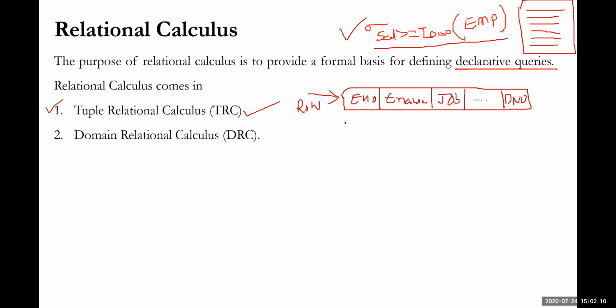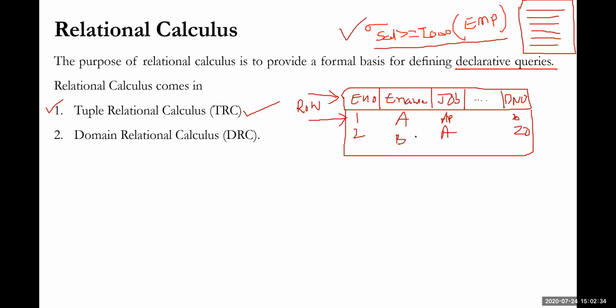You have several rows under this tuple. Employee number 1, A, the job type is assistant professor, and department number is 20. Employee 2, B, assistant professor, department number 20, something like this. On this entire row, tuple relational calculus gets operated.